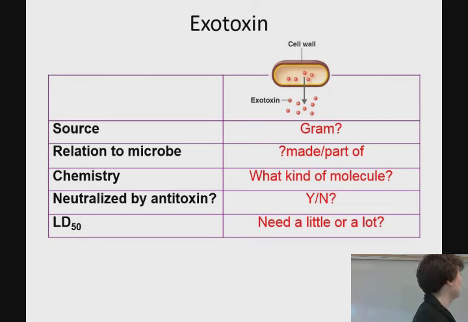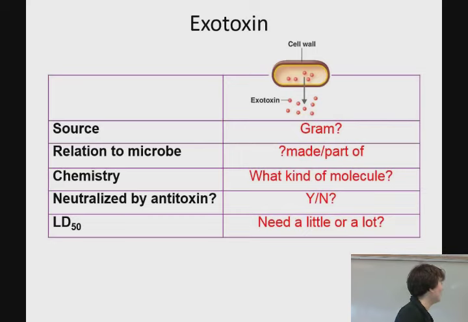Just to sort of walk through it, though, in brief, here is your typical exotoxin made by some sort of cell secreting exotoxin. Does anyone know what type of gram status organisms that make exotoxins typically have? Gram positive, that's right.